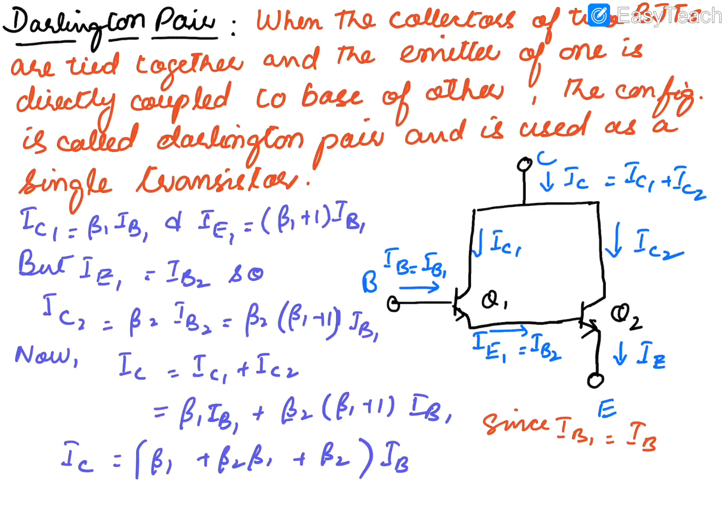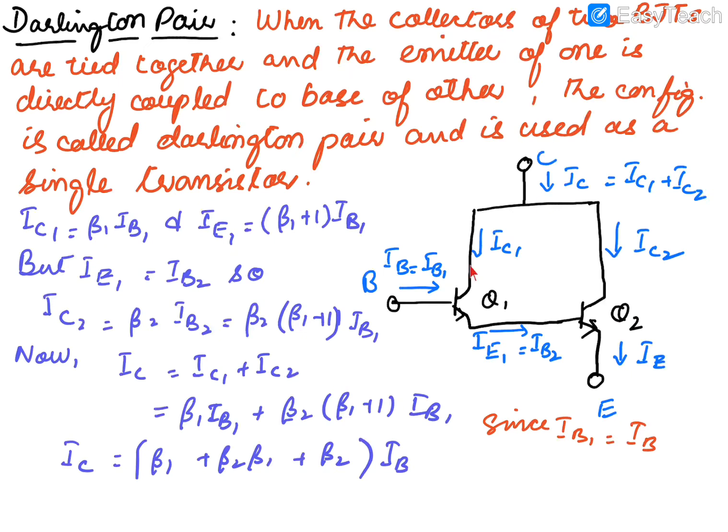Next is the configuration that is used where a high value of beta is required, and it is called the Darlington pair. In this configuration, the collectors of two BJTs are tied together and the emitter of one is connected with the base of the other transistor. When the two transistors are tied together, there are single terminals on the output side.